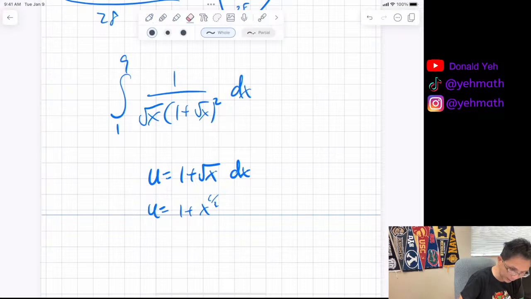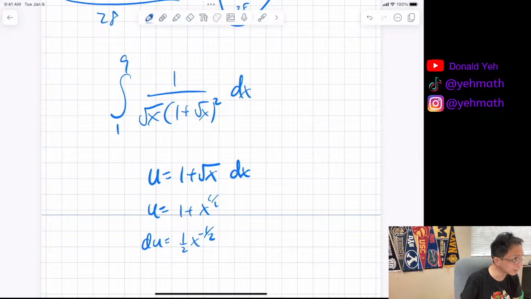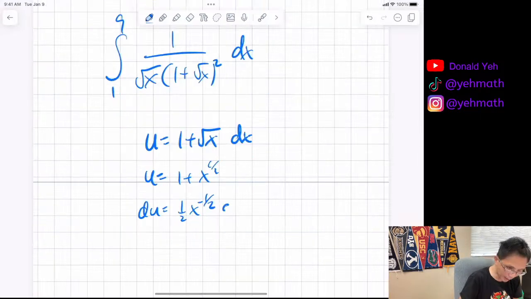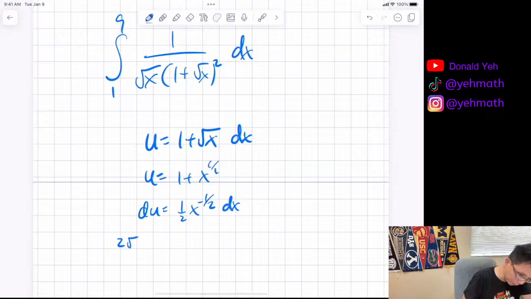And du is equal to 1/2 x to the negative 1/2, which is 1 over square root of x, the same thing as that, dx. If I multiply 2 on both sides and move to the other side, it's square root x du equals dx.